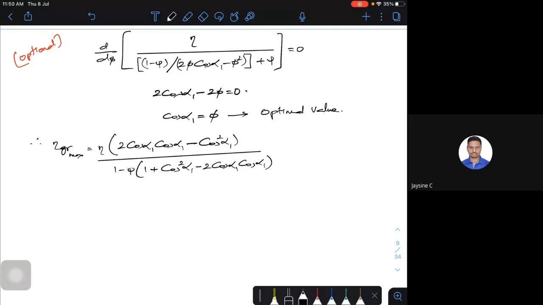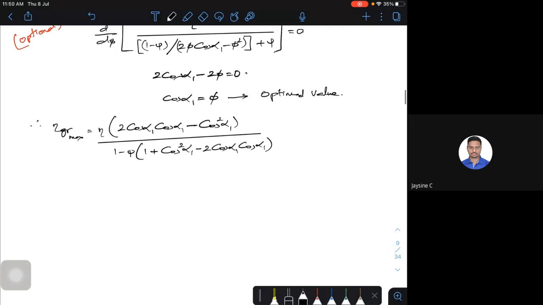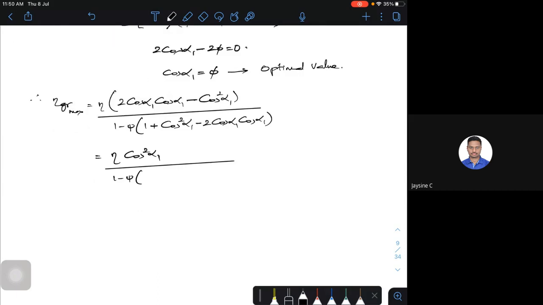Now if you look at it, 2 cos square alpha 1 minus 1, cos square alpha 1. So I am going to get efficiency simply as 1 cos square alpha 1, whole thing divided by 1 minus psi into, here I am going to get cos square alpha 1, here also 2 cos square, so this will become 1 minus cos square alpha 1.